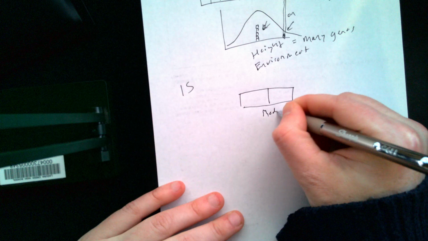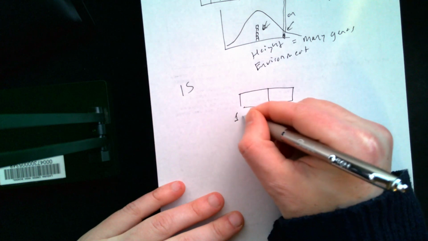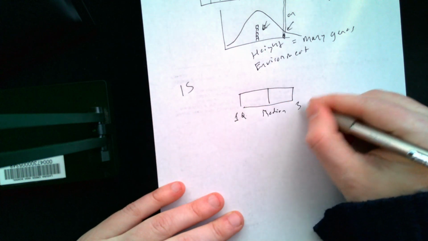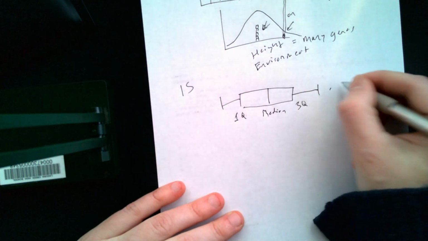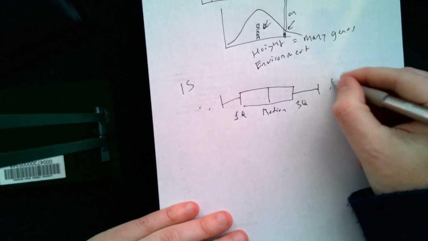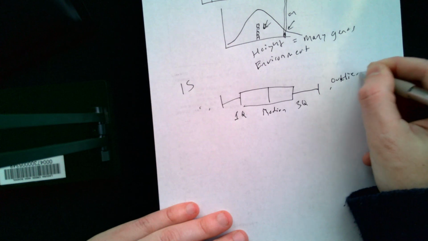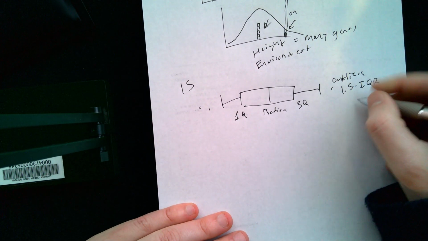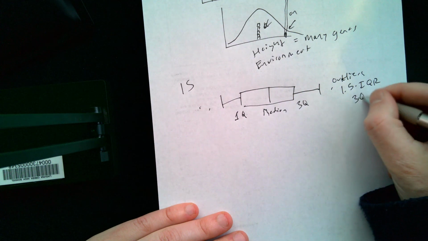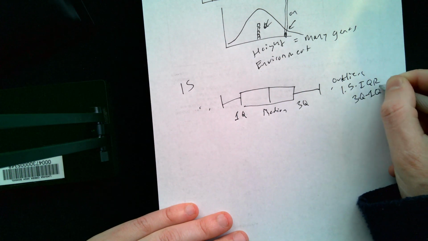You have your median, you have your first quartile, you have your third quartile, then you have your whiskers, and you have your outliers represented with dots on the outside. Your outliers are 1.5 times the interquartile range, which is Q3 minus Q1.